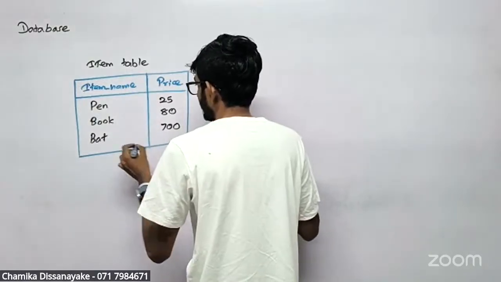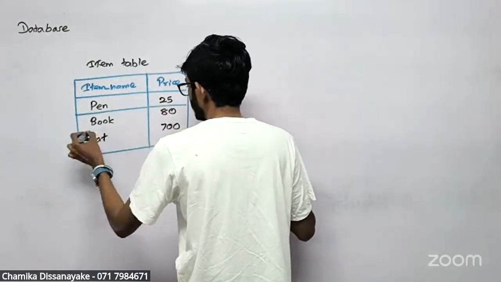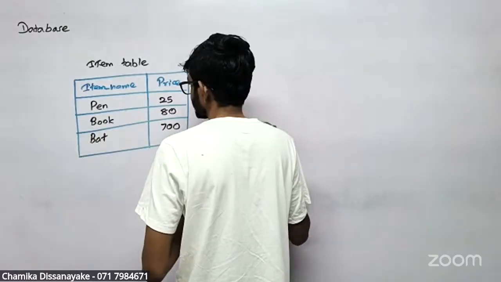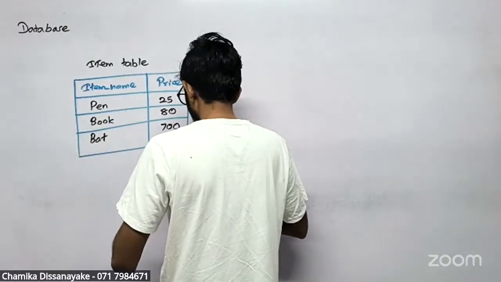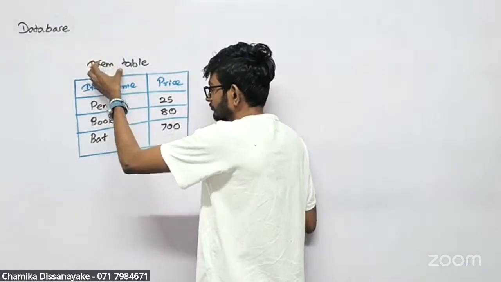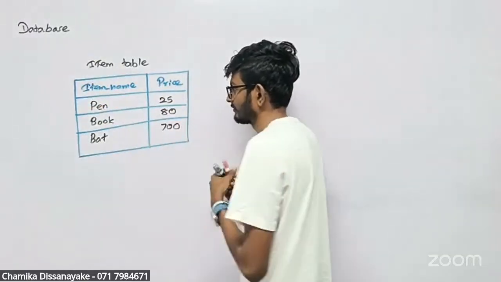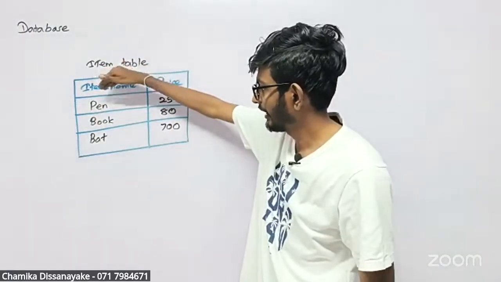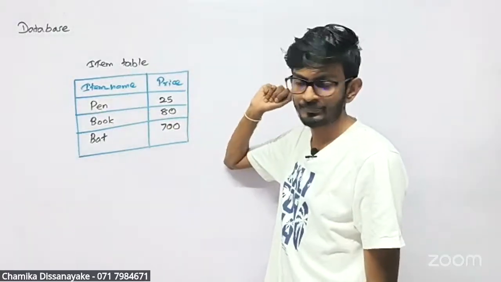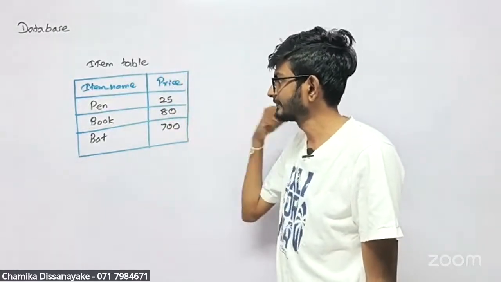But the thing is, here we have a set of columns. This column has the name. This column has the price.